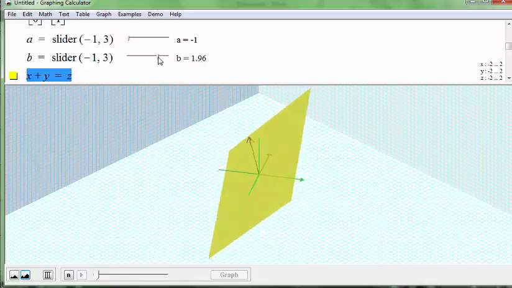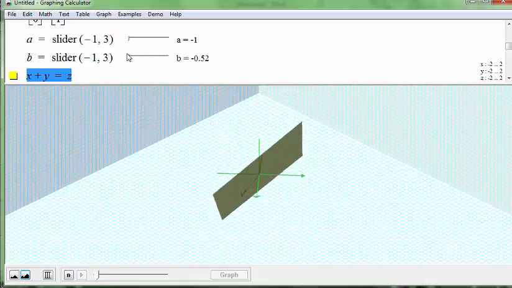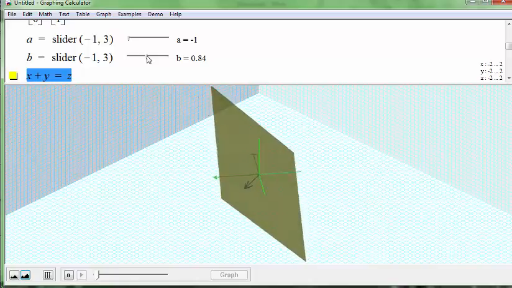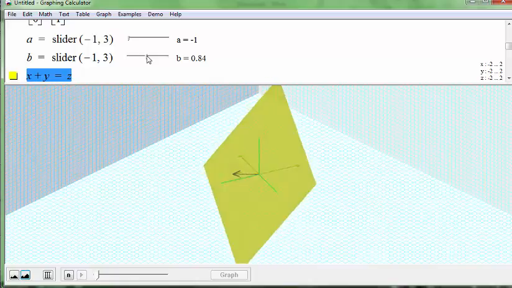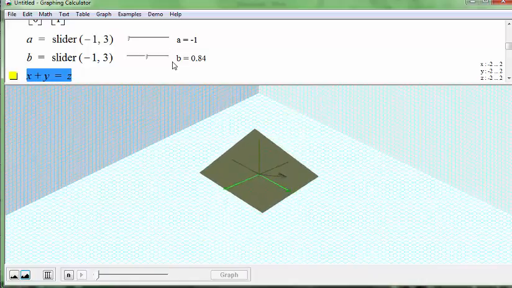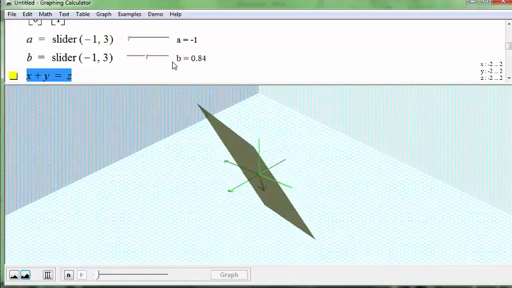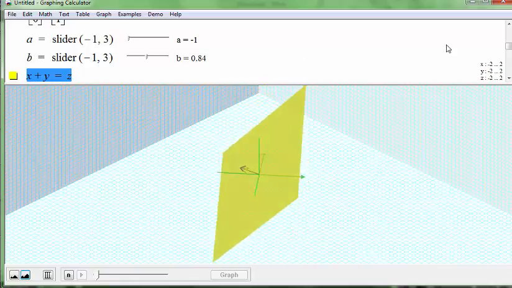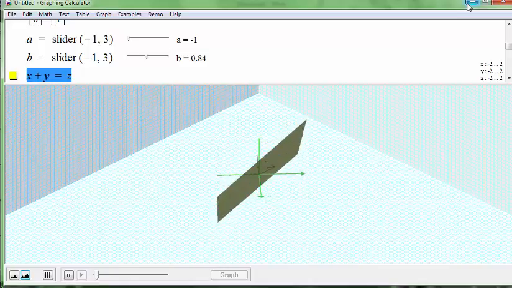Okay? So that's what it means to span something. If you have two vectors in R3 that are linearly independent, they will span a plane. They will span a two-dimensional space. Alright, so that's the span of that.